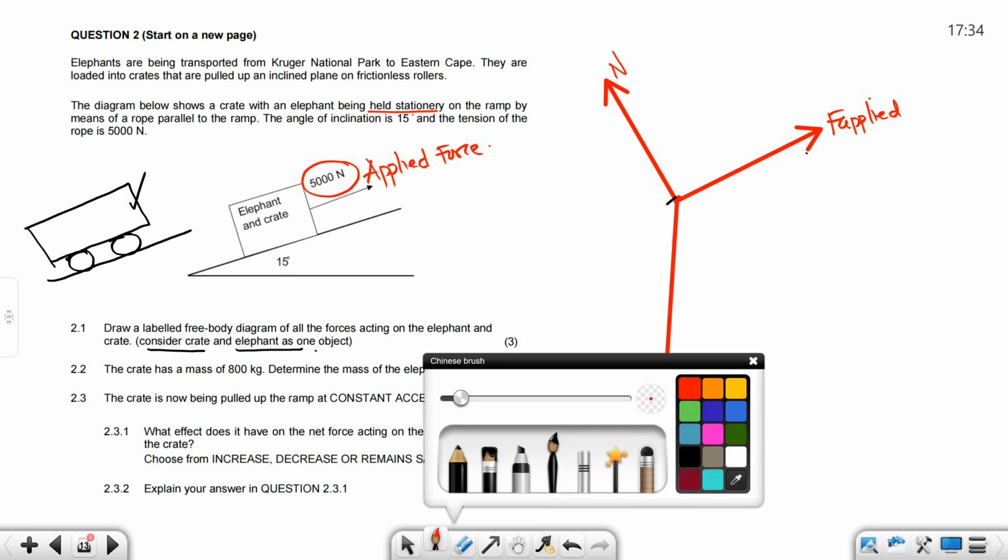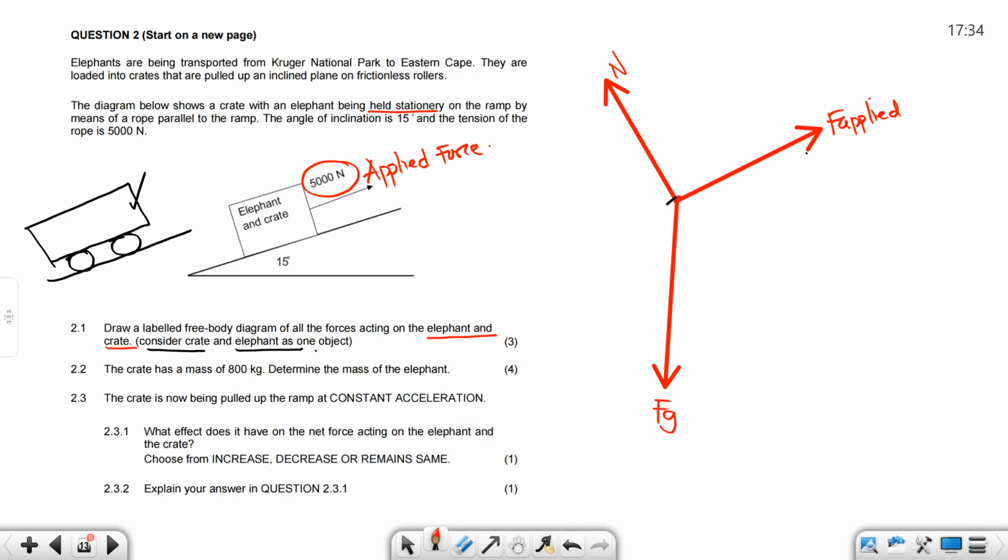Acting on the elephant and the crate. The crate is the box. These are the rollers. And right here, they said it's frictionless. Make sense? All right, very tricky. Please, we're not using mark allocation to judge. We are doing physics.